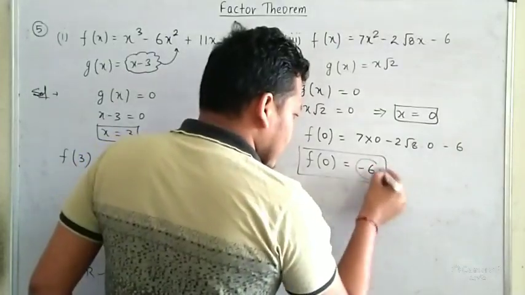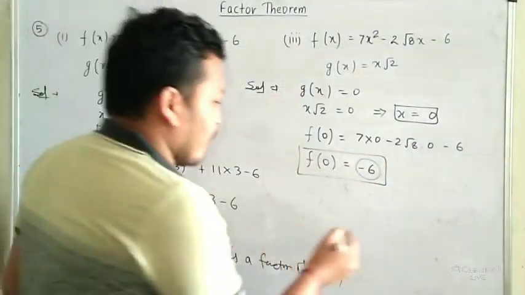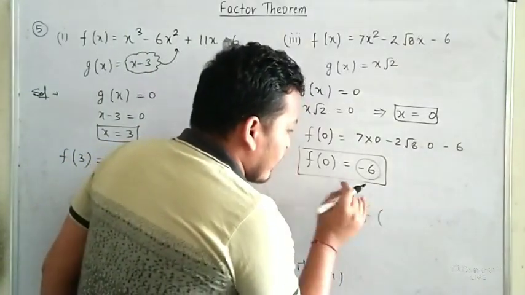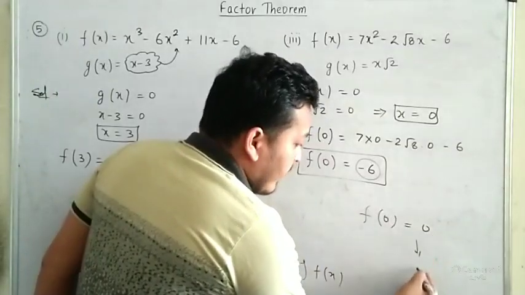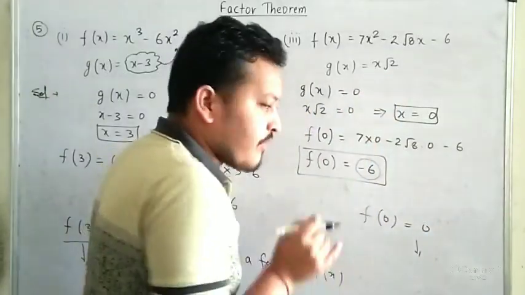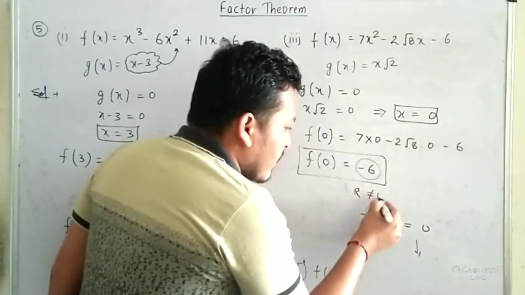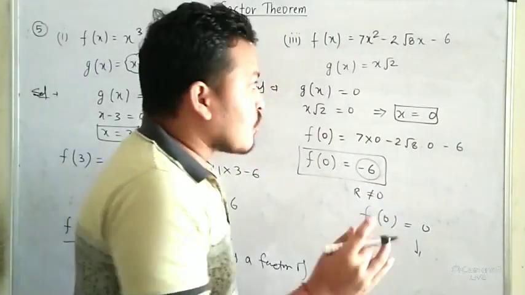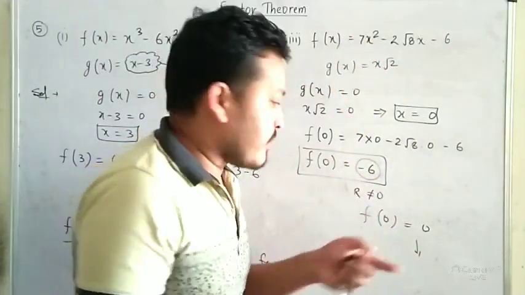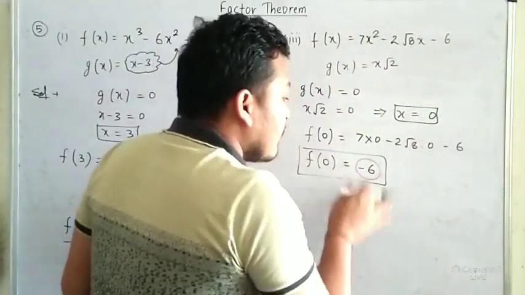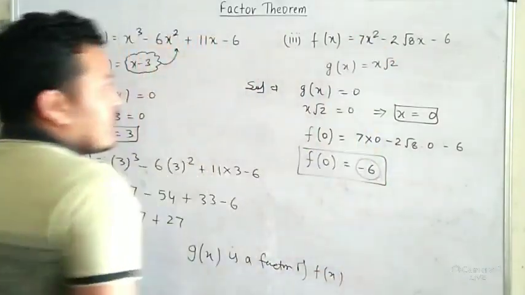Our remainder is minus 6, and I told you, whatever you are putting here, if its value is equal to 0, at that time the given expression has the factor. But this time the remainder does not equal 0. So sir, g(x) is not a factor of this given expression. Write here: g(x) is not a factor of this expression.